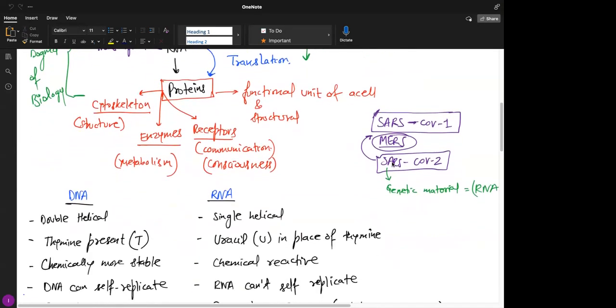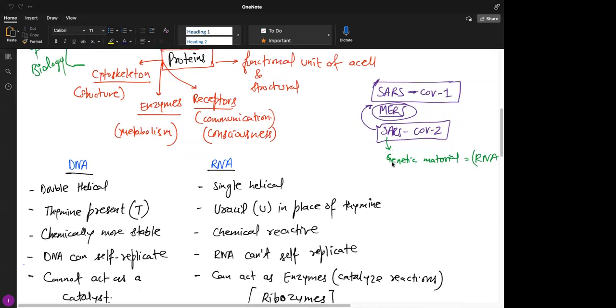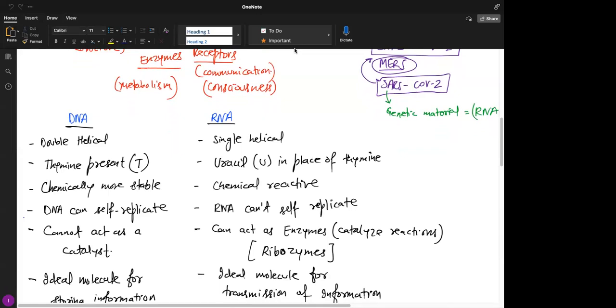Then we learned the functions of proteins like cytoskeleton, enzymes, and receptors. Then we also discussed the difference between DNA and RNA. We learned about the scientist Friedrich Miescher, who discovered nuclein inside the nucleus of the cell, which is an acidic molecule.